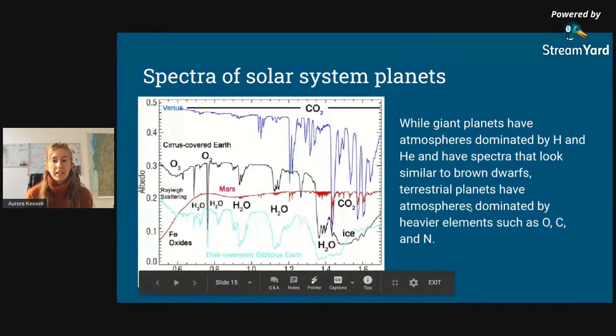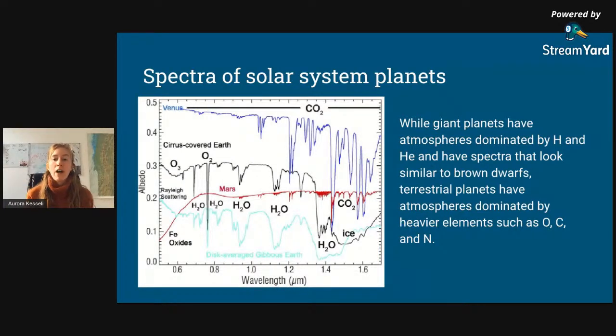Terrestrial planets have atmospheres that look really different from giant extrasolar planets, because instead of being dominated by hydrogen species, they're dominated by species of heavier elements like oxygen, carbon, and nitrogen. That's why we see more of these carbon dioxide features and less of the methane features on the terrestrial planets than on the giant planets, and it also has to do with the temperatures.